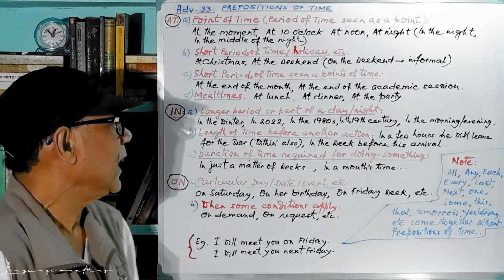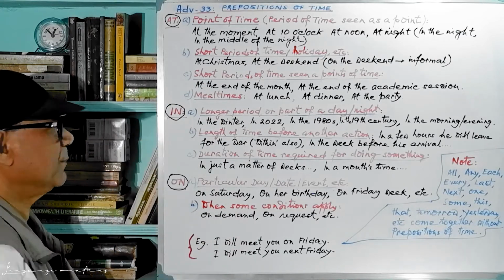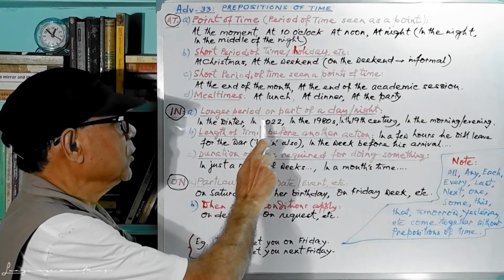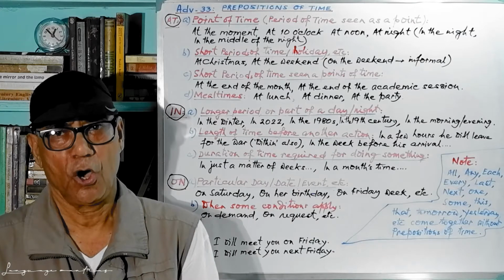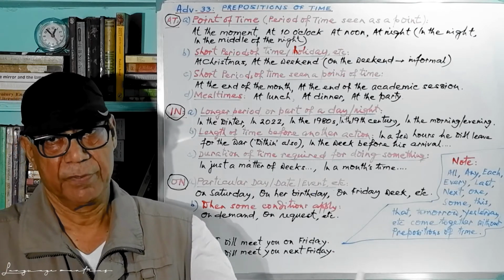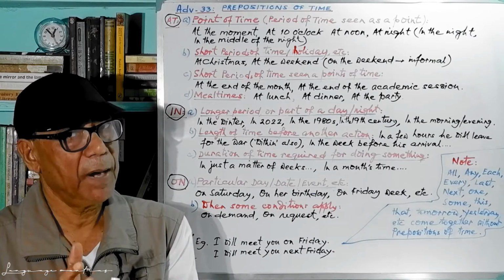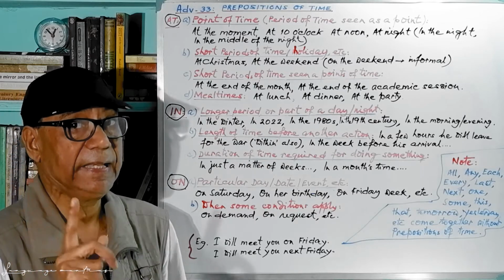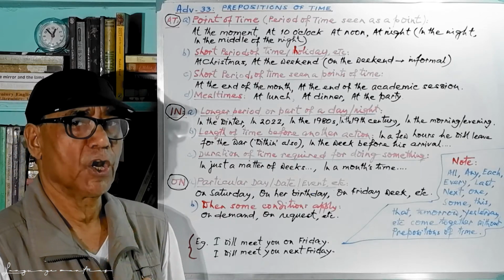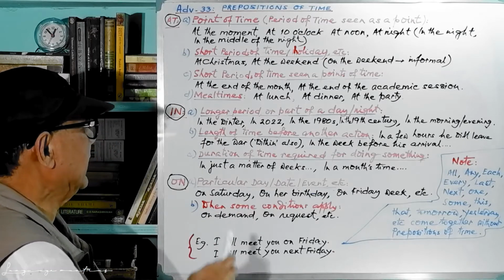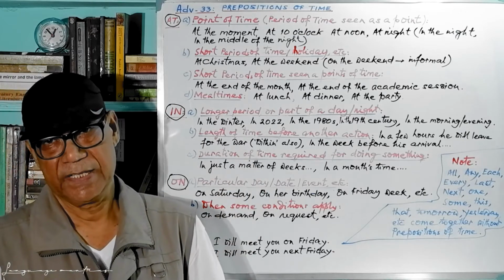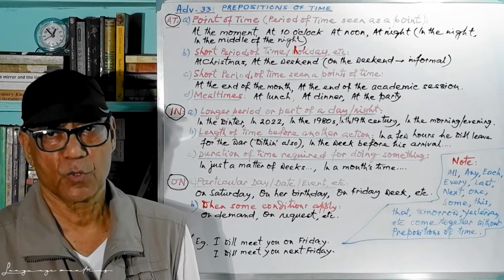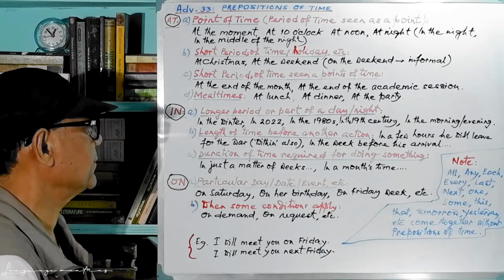Okay? Now we come to in, another preposition. We have 3 points to remember: longer period or part of a day or night. It may be a longer period or maybe a part of a day or a night. In that case, we use in, not on, not at. In the winter season, maybe it's for 2 months, 3 months, 4 months, 6 months, whatever, in the winter.